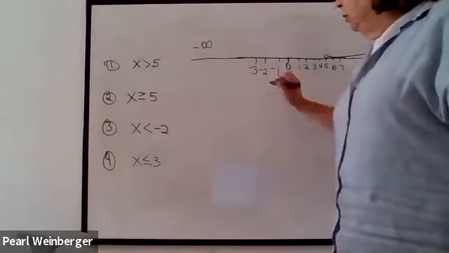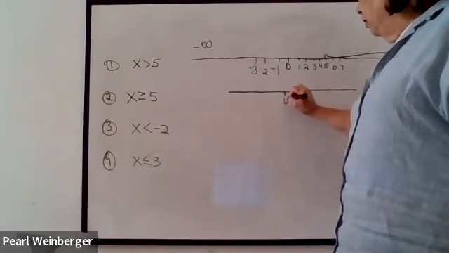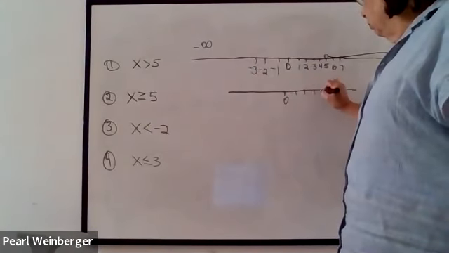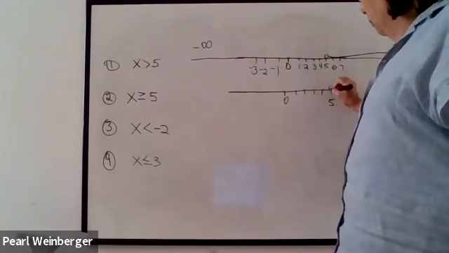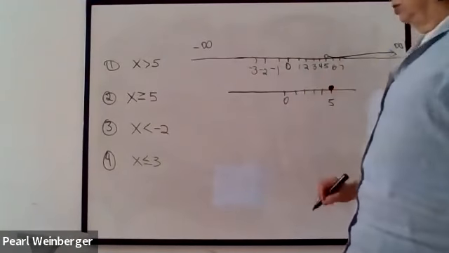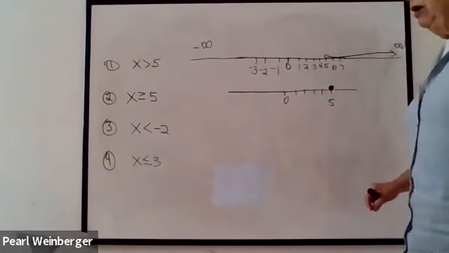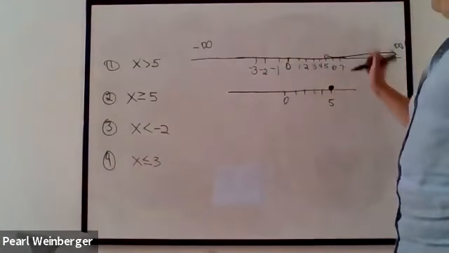On the next one, where we would have x is greater than or equal to 5, we again would start at 5, but we would make it a filled in or closed circle, because x being greater than or equal to 5 means it's 5 or more.